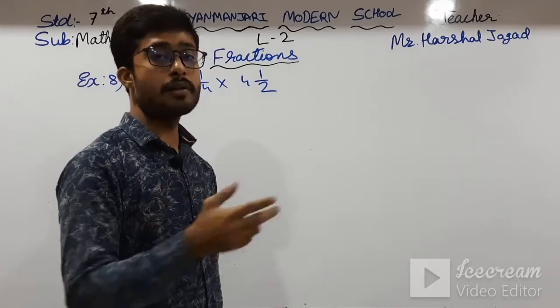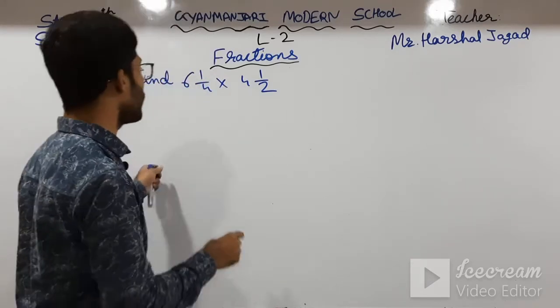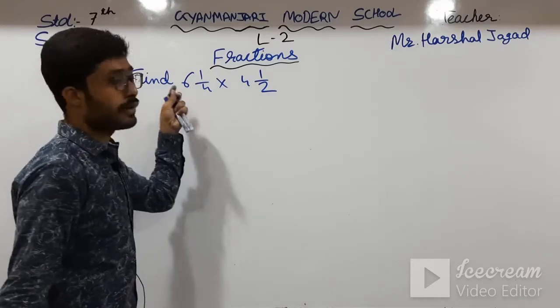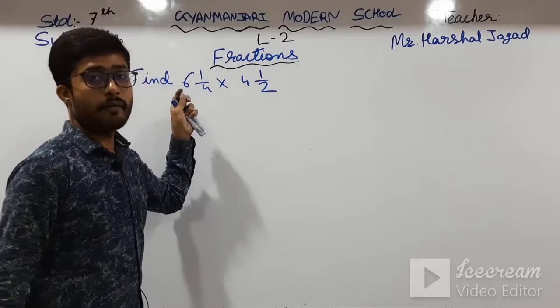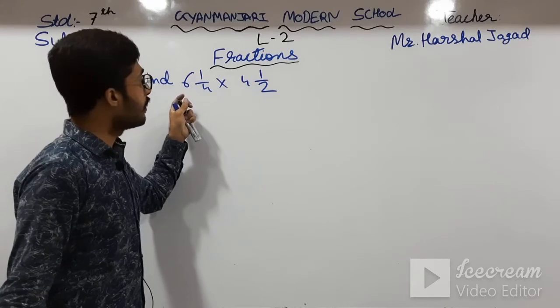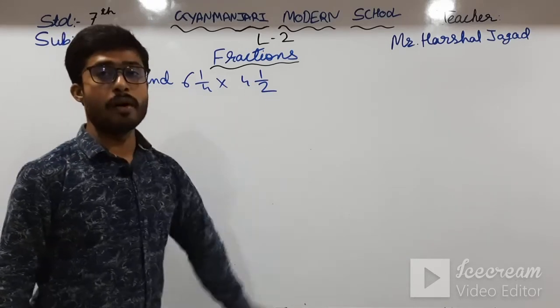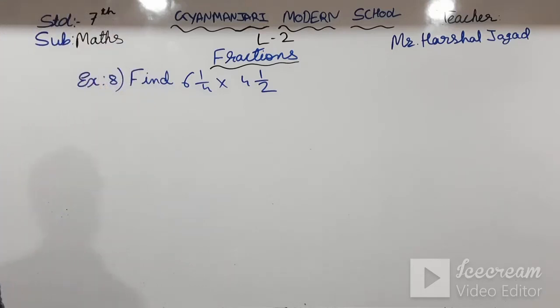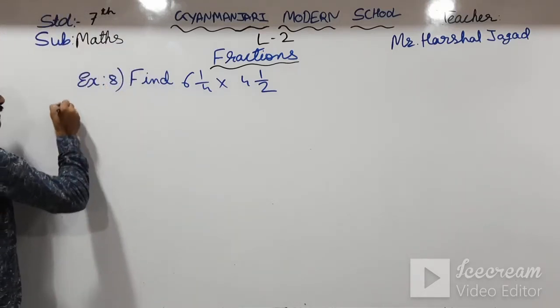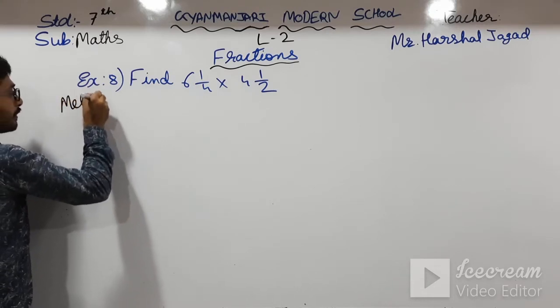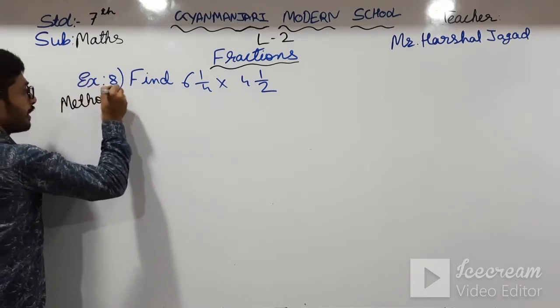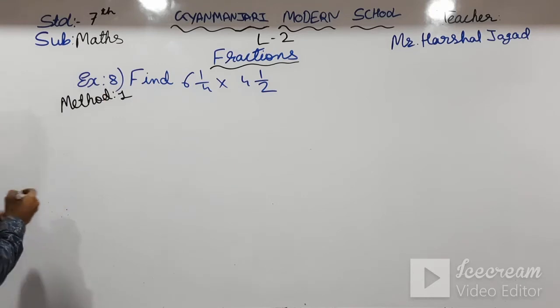The first method was the box method, and in the other method we convert these into improper fractions and then multiply. So first we will see method number 1, the box multiplication method.